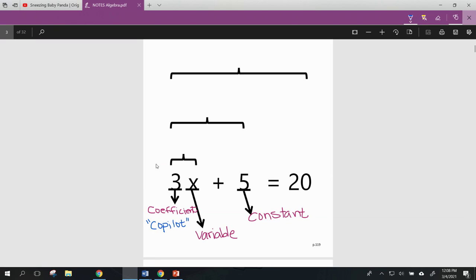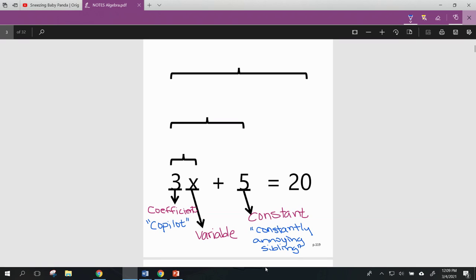I don't know about you guys, but I always wanted to keep my constantly annoying sibling away from me, kind of like what we have here. Our constant is not right next to our variable. We're always going to have something separating it, an addition sign or a subtraction sign. So our constant, we might remember that as our constantly annoying sibling. Sorry, siblings.